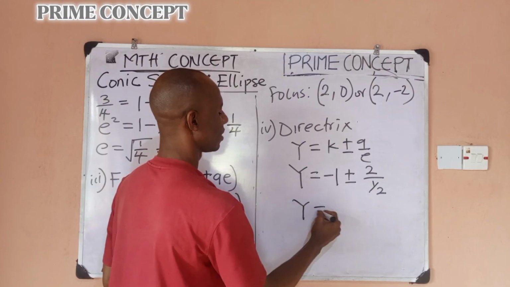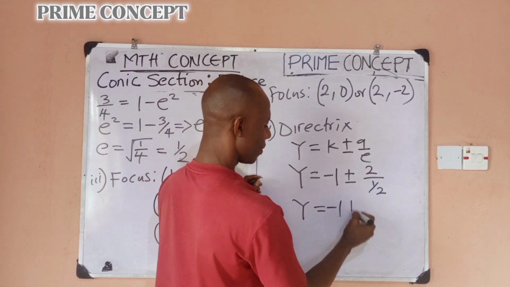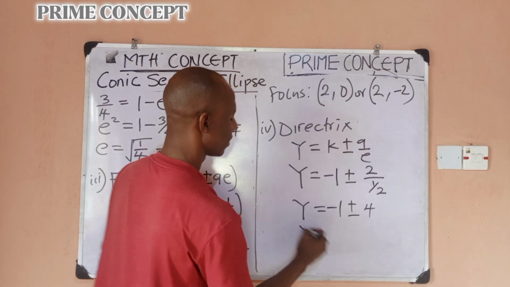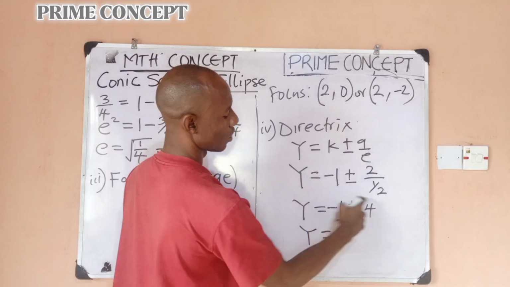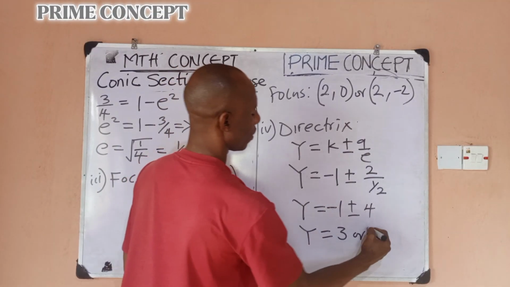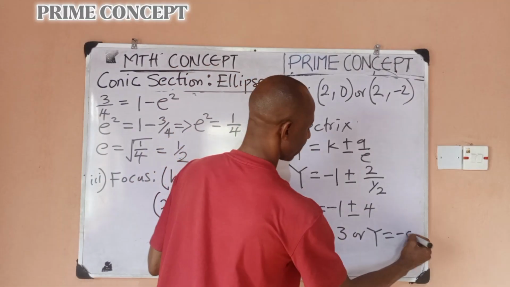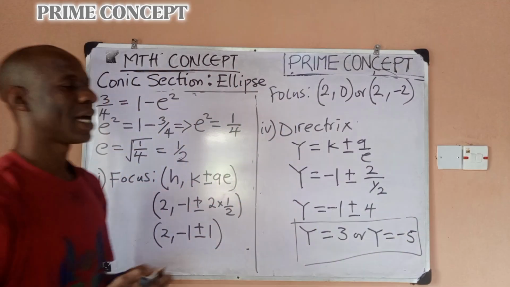So my directrix equation is minus 1 plus or minus 4, because these two will come up, right? So I have y equals minus 1 plus 4, which is 3, or minus 1 minus 4, which is minus 5. So this is the equation of my directrix.